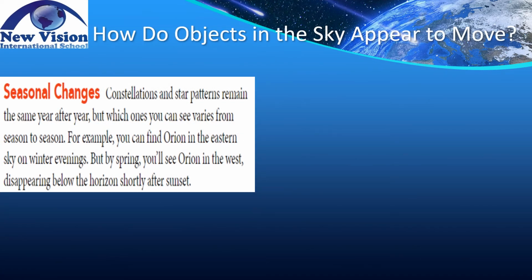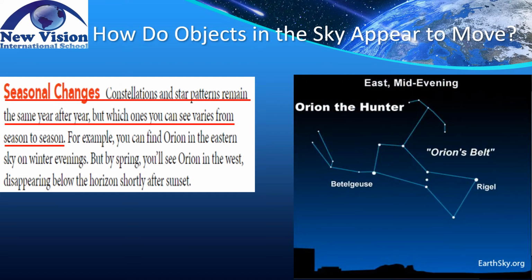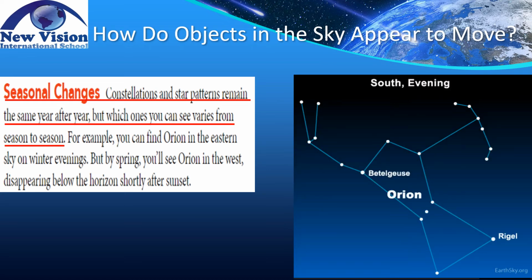Seasonal changes. Constellations and star patterns remain the same year after year, but which ones you can see varies from season to season. For example, you can find Orion in the eastern sky on winter evenings, but by spring you will see Orion in the west, disappearing below the horizon shortly after sunset.